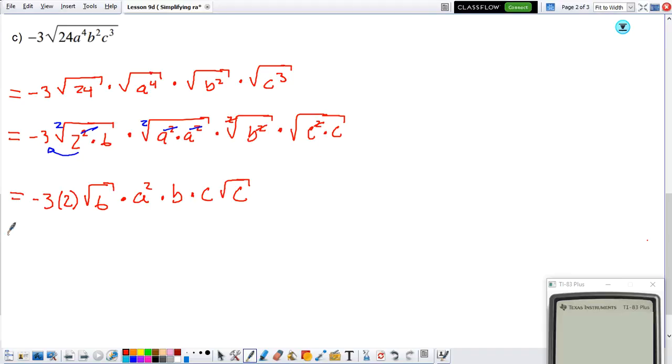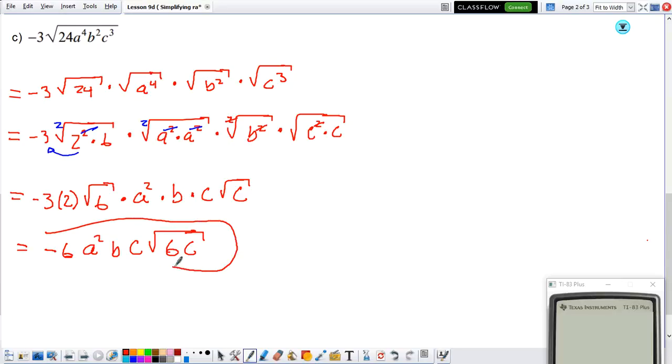So now we multiply everything. We have negative 6 a to the second b c times 6 square root of 6. Again, how do we obtain our final answer? You multiply all the outsides.